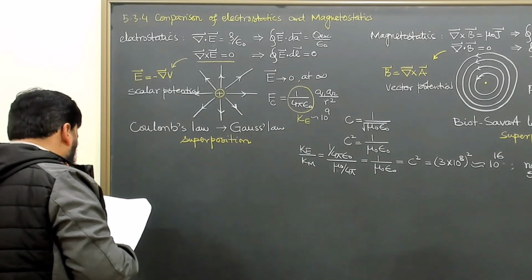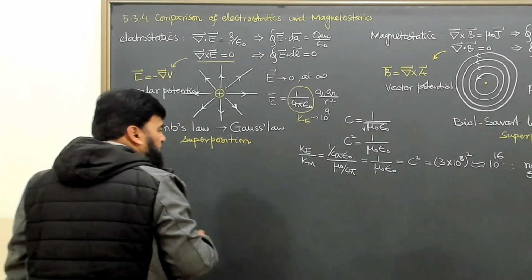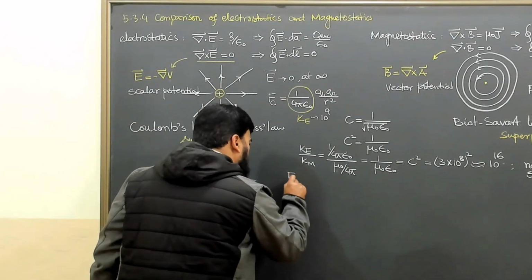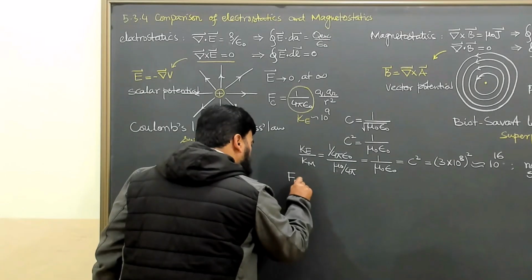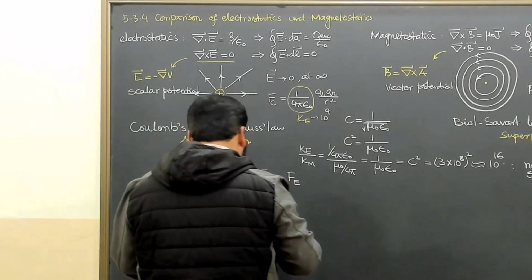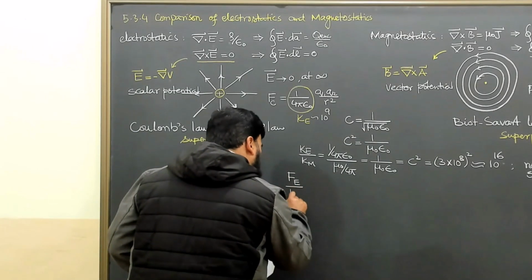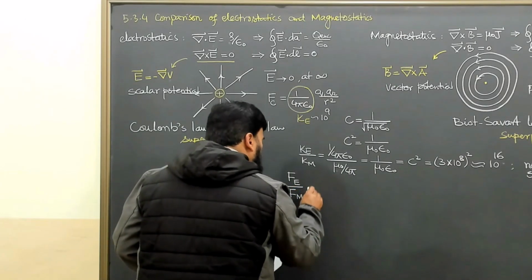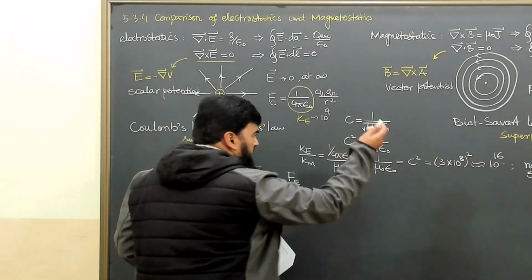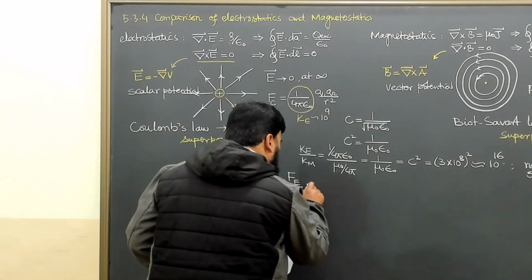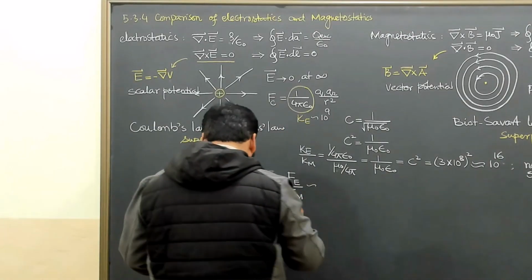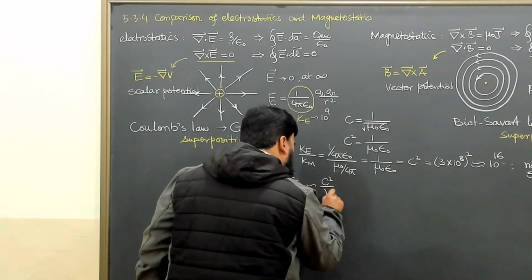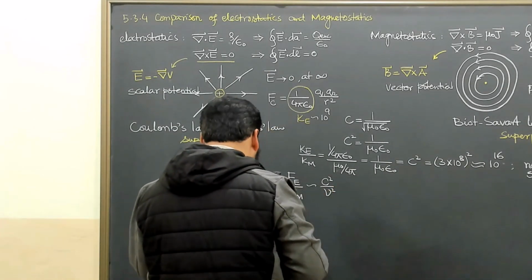If we write for the non-relativistic speeds Fe divided by Fm, the magnetic, we can write FB, this is approximately C squared over V squared.